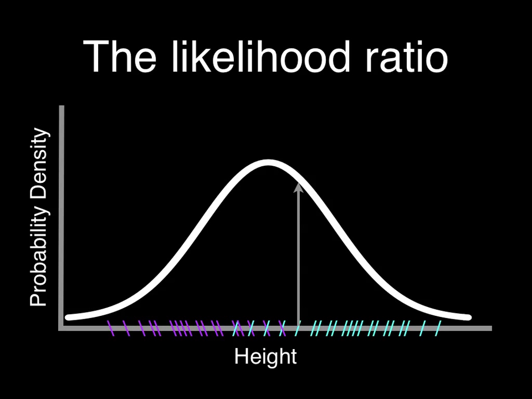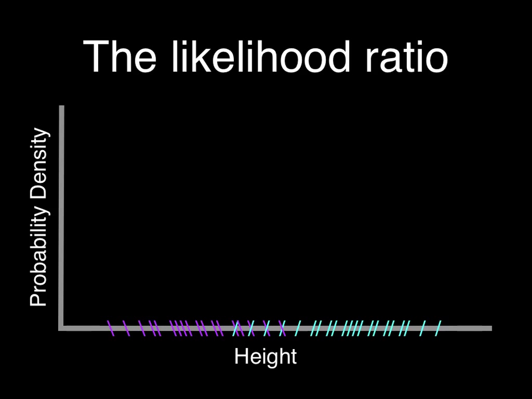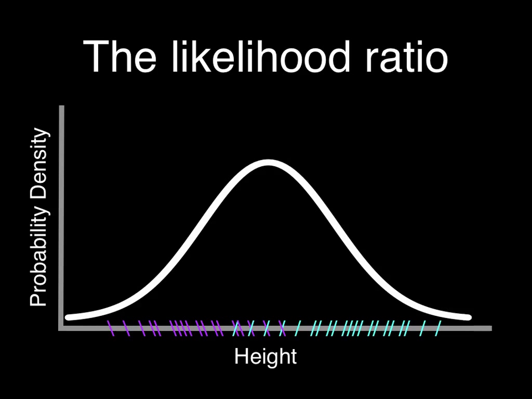To do that, for each data point, you'd ask, how high is this curve over top of that data point? So where is it on the y-axis over top of that data point? And then we do that for another data point, and once we get the height of the curve over all the data points, you simply take a product of all those values.